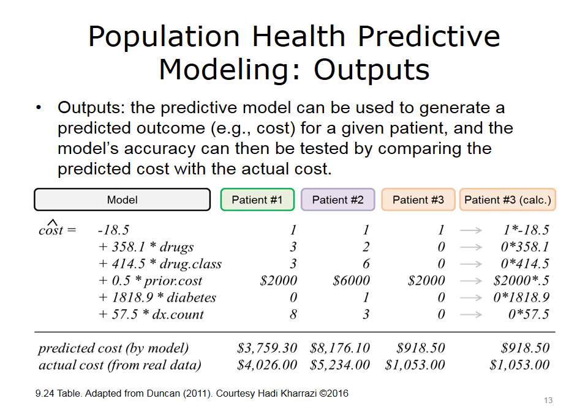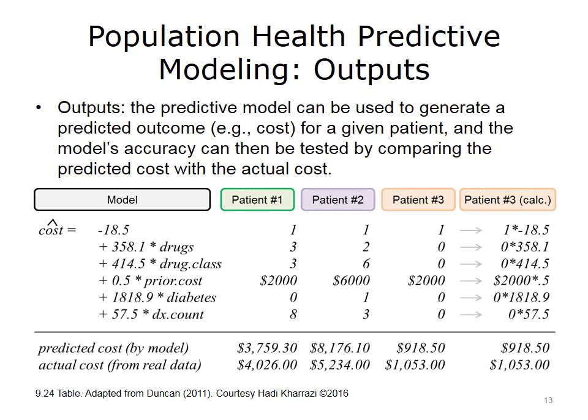The model shows that the predicted cost is equal to minus 18.5 units, plus 358.1 multiplied by the drug counts of a patient, plus 414.5 multiplied by the drug class counts, plus 0.5 of prior cost, plus 1,818.9 of diabetes presence, plus 57.5 multiplied by diagnoses count. On the far right side, the figure shows how each of the coefficients of the model are used to calculate the cost for patient 3.